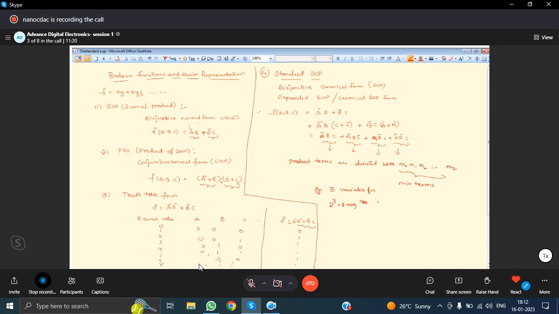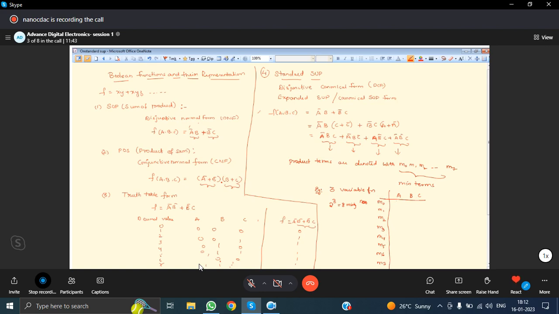So these 8 minterms will be M0, M1, M2, M3, M4, M5, M6 and M7. And how to denote these minterms? A, B, C are the variables of the function.